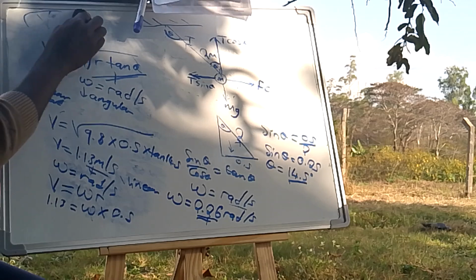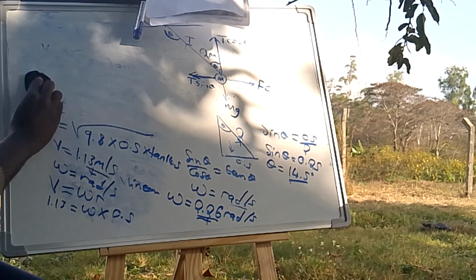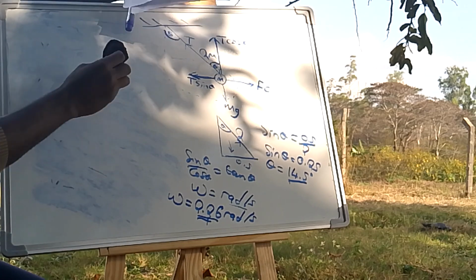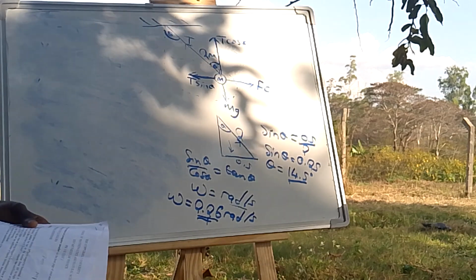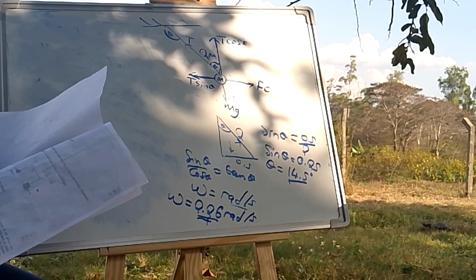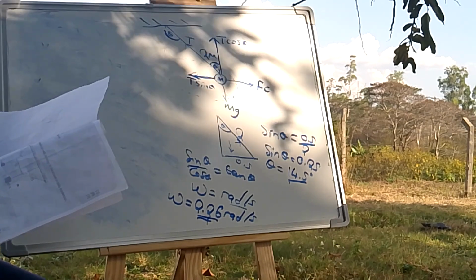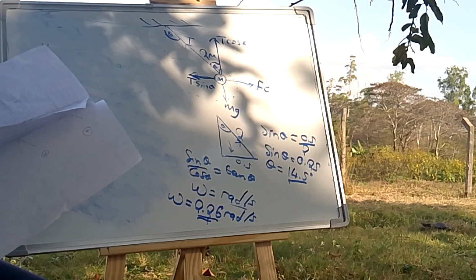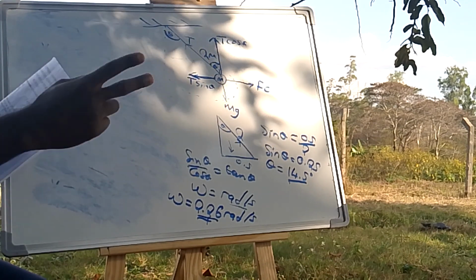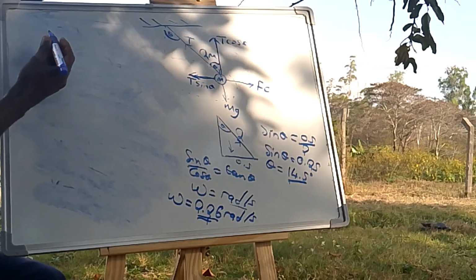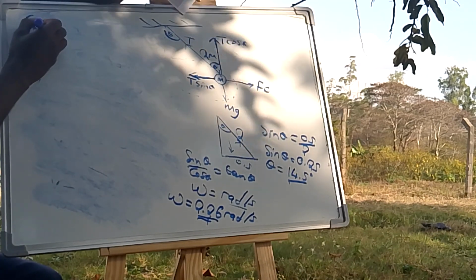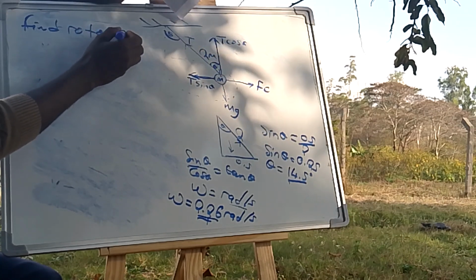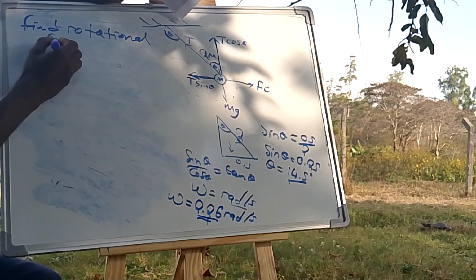Let's move on to the next question. The last part of question 2 says find the rotational frequency of the bob.